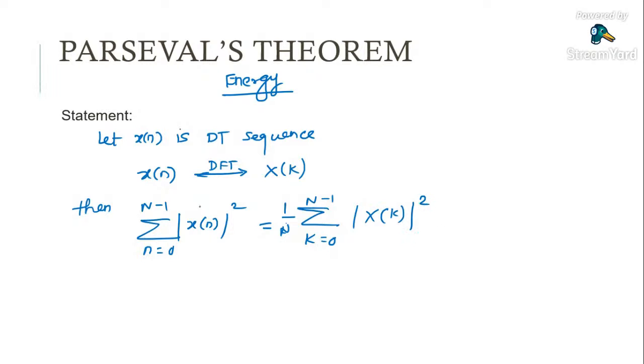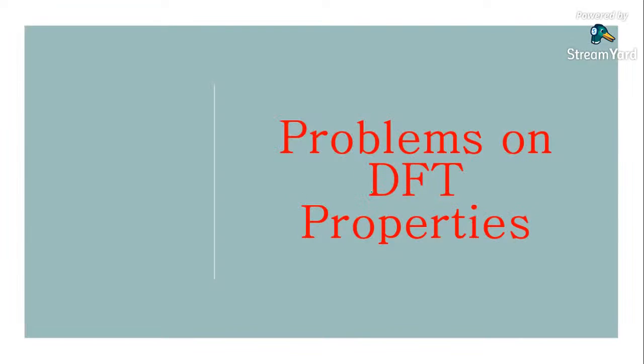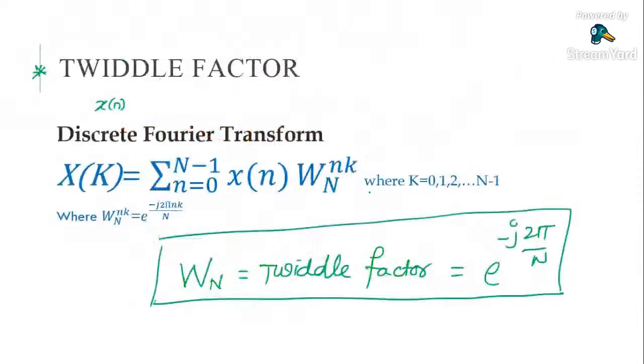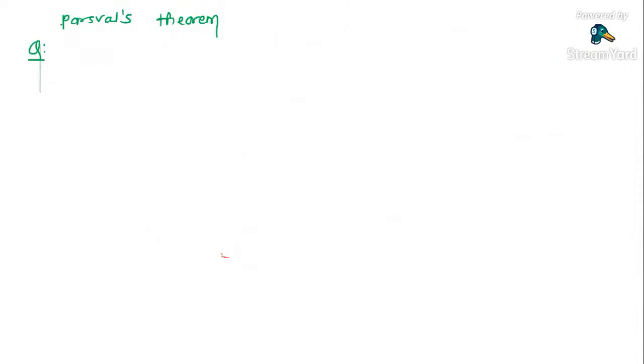It means that the energy in the time domain is equal to 1 by N multiplied by the summation of the magnitude of x of k squared. So we'll verify this by using Parseval's energy theorem.